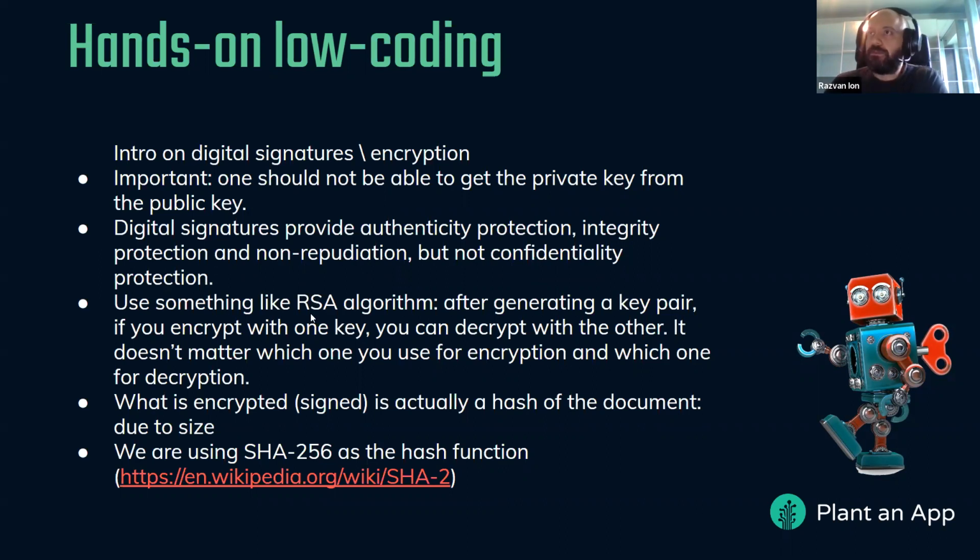In order to sign these documents, you need to use something like an RSA algorithm. As I mentioned, there are cryptographic algorithms that generate this public-private key pair, and there are different types of algorithms, some of them suited for certain operations, and only some of them suited for digital signatures.